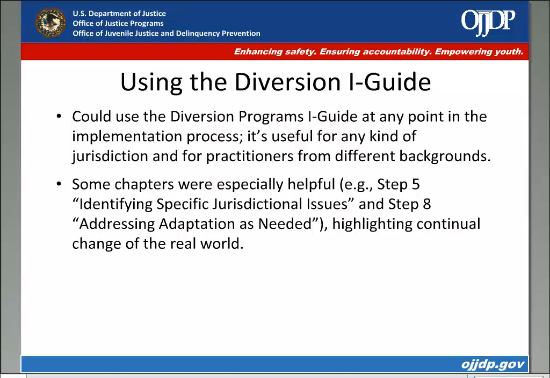And that's specifically, if you haven't read the module, I think it's Module 5 that talks about identifying specific stakeholders. And then I loved Module 8. Module 8 is entitled Addressing Adaptation. Anytime you've implemented any program, things happen, things change.